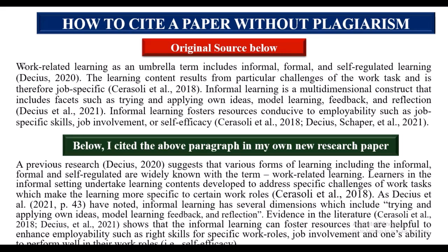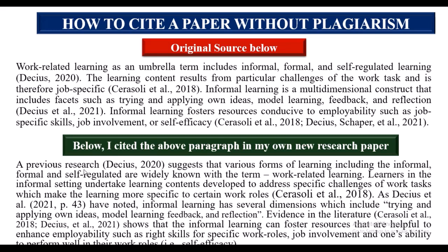Okay, so if I start this same citation using the same words, work related learning, as an umbrella, once I have one, two, three, or four words from the original starting my own sentence or my own citation, the plagiarism software will automatically catch me.